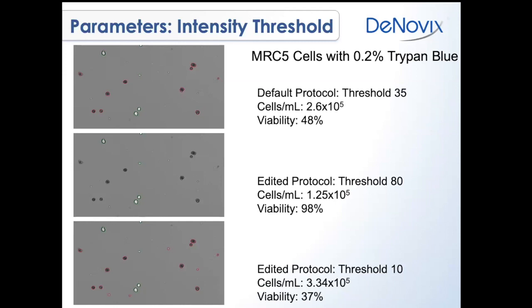Going the other way, if you bring that threshold way down, so that very light things can now get counted as a dead cell, your total cells per mil goes way up and your viability goes way down. Generally, most people are going to set these thresholds somewhere in the middle. In this example, I set it to the extremes just to show you how it works. But you do have a lot of control here over what is and isn't getting counted as a cell. That was our goal, to give our users the control if they wanted it.